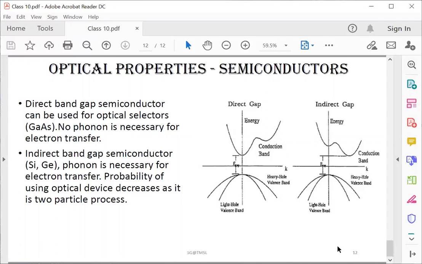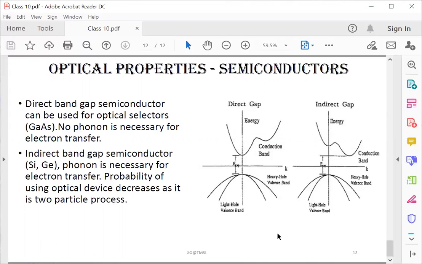On the other hand, indirect band gap semiconductors, examples of which are silicon and germanium, do not allow a direct transition. Here the minimum of the conduction band and the maximum of the valence band do not lie on the same wave number, so there is no direct transition.